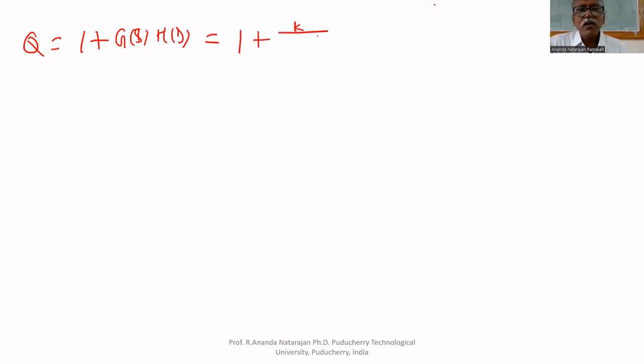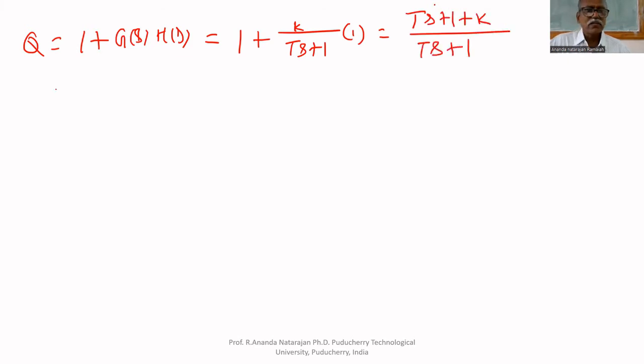So if Q of S equals 1 plus G of S H of S, what you got? 1 plus K upon tau S plus 1 multiplied by 1, that is equal to tau S plus 1 plus K divided by tau S plus 1. What is the open loop transfer function? G of S equals K upon tau S plus 1.